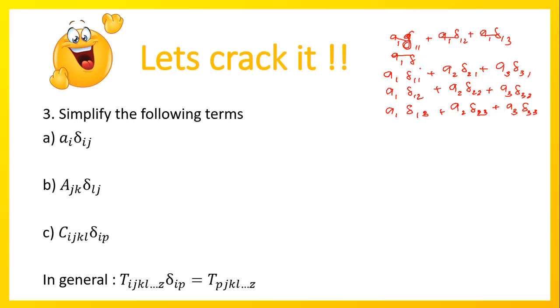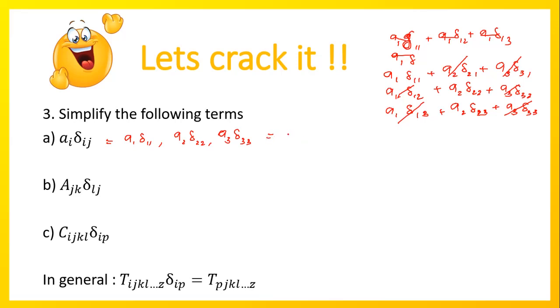Using the properties of Kronecker delta, we can get rid of all these terms here, and what remains is just three different terms: a1 delta 11, a2 delta 22 and a3 delta 33. Delta 11, delta 22 and delta 33 are each equal to 1.